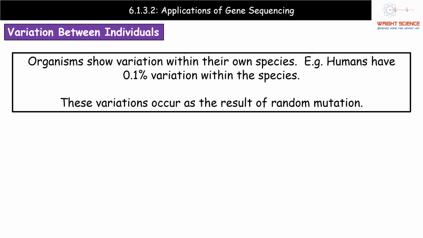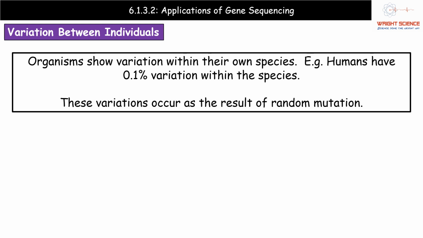The next aspect we can have a look at is the variation between individuals. Now, we do have variation within a species. If you just think about other humans that surround you in life, then you're not all identical. You show variation. And it's quite interesting to know that if we think about humans, in the species of human beings, Homo sapiens, we actually only have 0.1% variation in our genome.